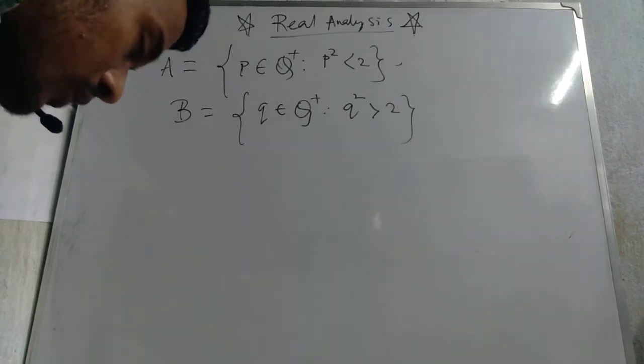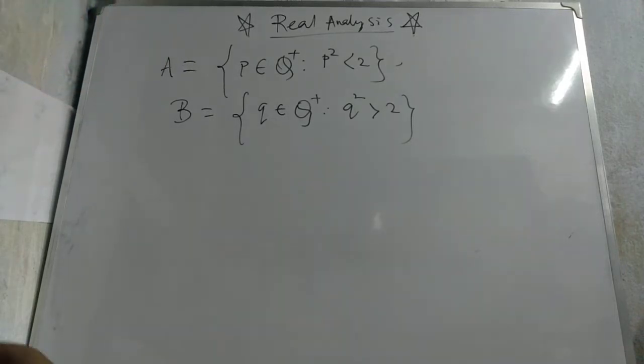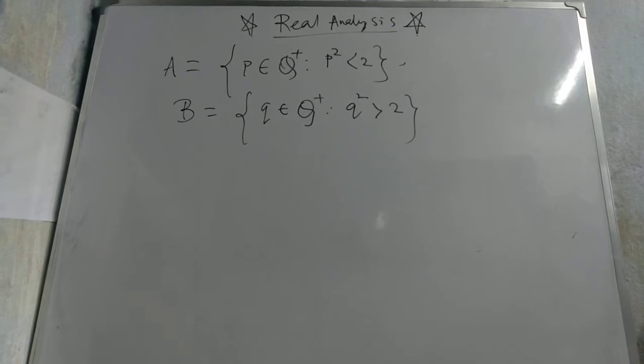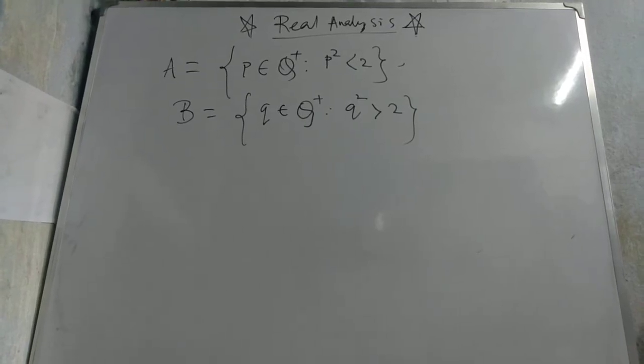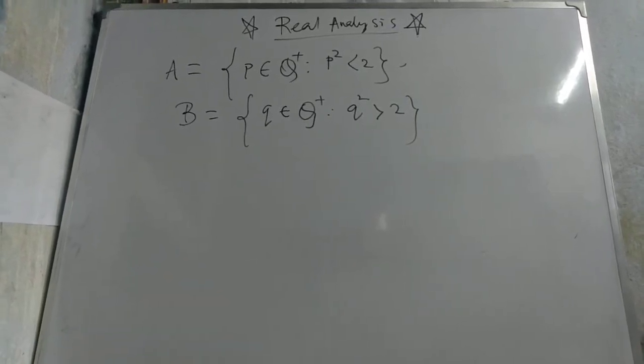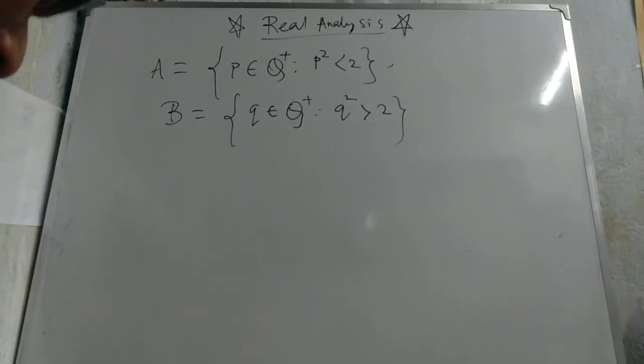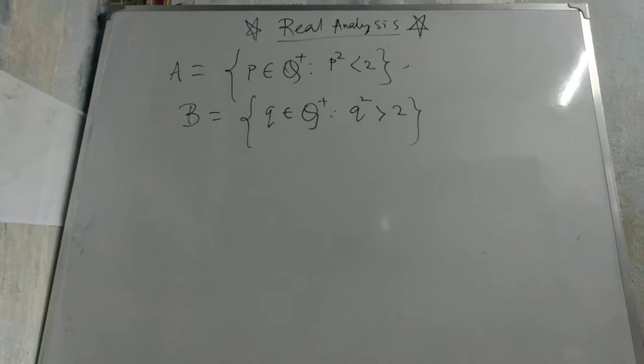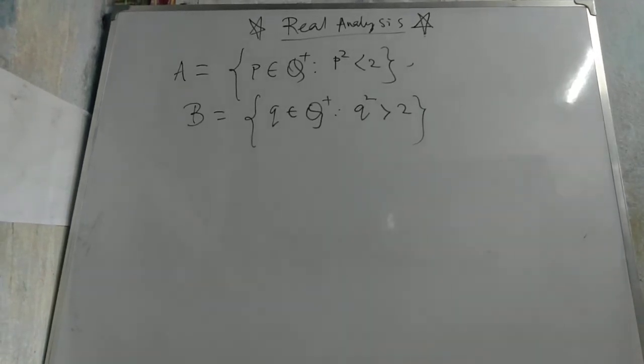Now we're going to one proposition. This proposition implies that A contains no largest number and B contains no smallest number. How are we going to approach this problem?